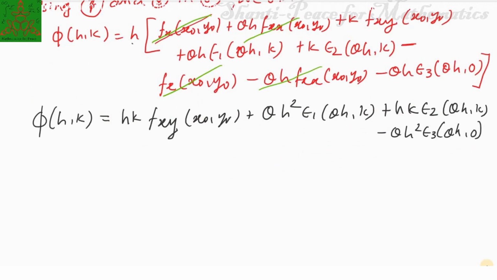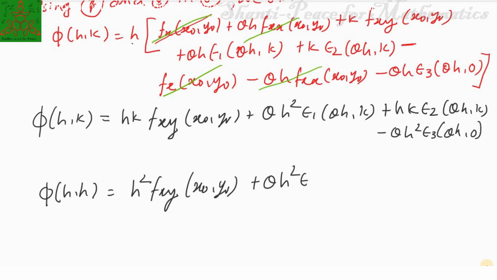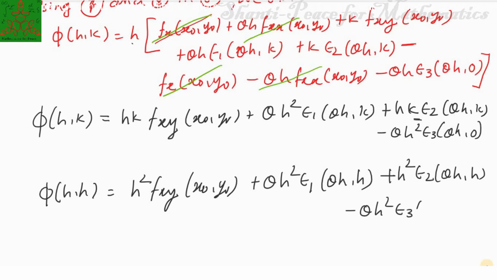So this expression I may write as phi of h equal to h square fxy at x0 y0 plus theta h square epsilon 1 theta h plus h square epsilon 2 theta h, because I'm just replacing k by h, minus theta h square epsilon 3 theta h comma 0.